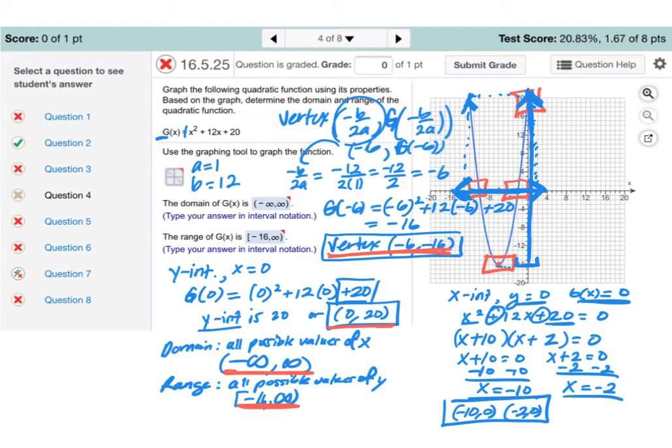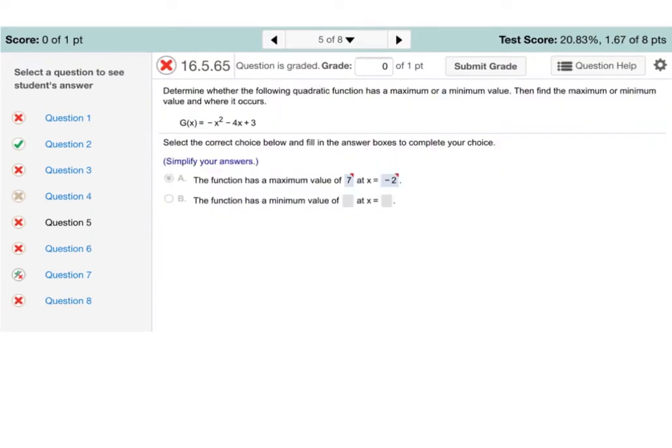Okay, let's look at the next example. For number 5, it says to determine whether the following quadratic function has a maximum or a minimum value. Then find the maximum or the minimum value and where it occurs. Anytime we're talking about the maximum or minimum value of a quadratic function, the function is the shape of a parabola.